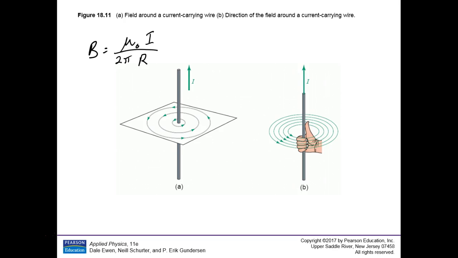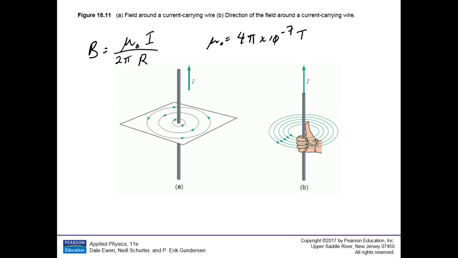And mu naught is 4 pi times 10 to the negative 7th, and the unit is Tesla meter per amp. Tesla is how we measure magnetic field strength.